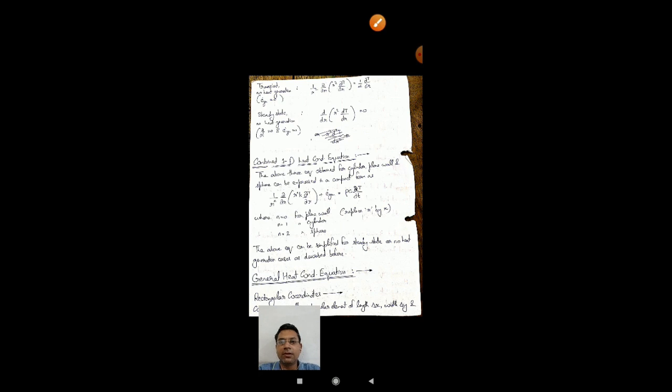Now students, till now we have derived three cases: a plane wall, a cylinder, and a sphere. So a combined general form of all these equations can be written. Now look at this equation, what is written and how it can be reduced.